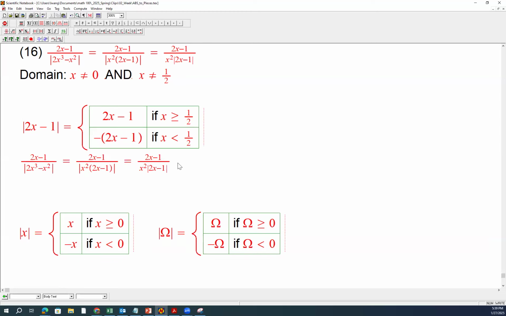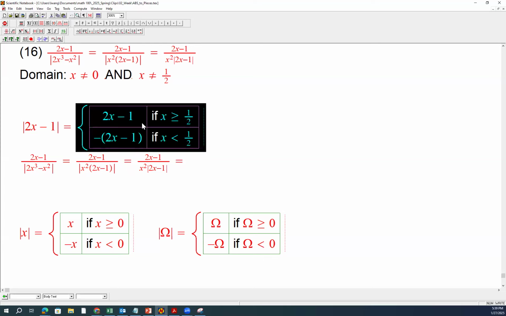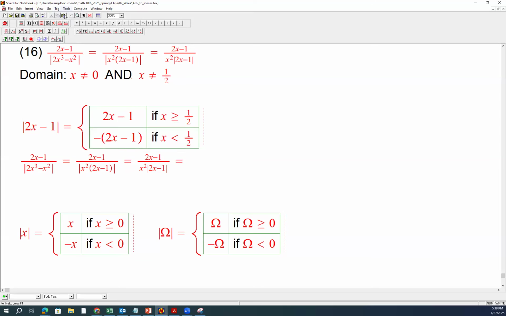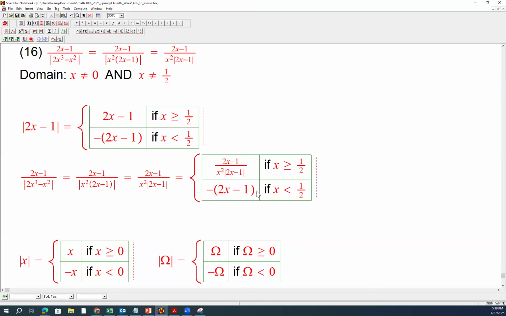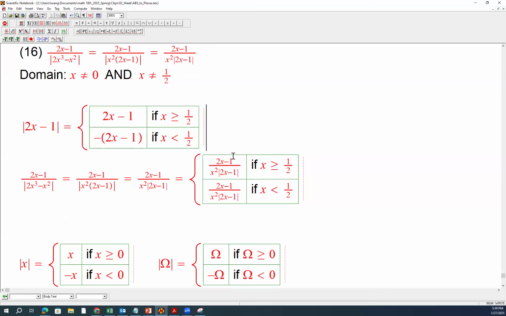So let's continue to finish this. Obviously, we're going to have two branches. For this piece, 2x minus 1 in absolute value, x is greater than or equal to half. So this condition would apply because in that case, the absolute value of 2x minus 1 is the same as 2x minus 1.